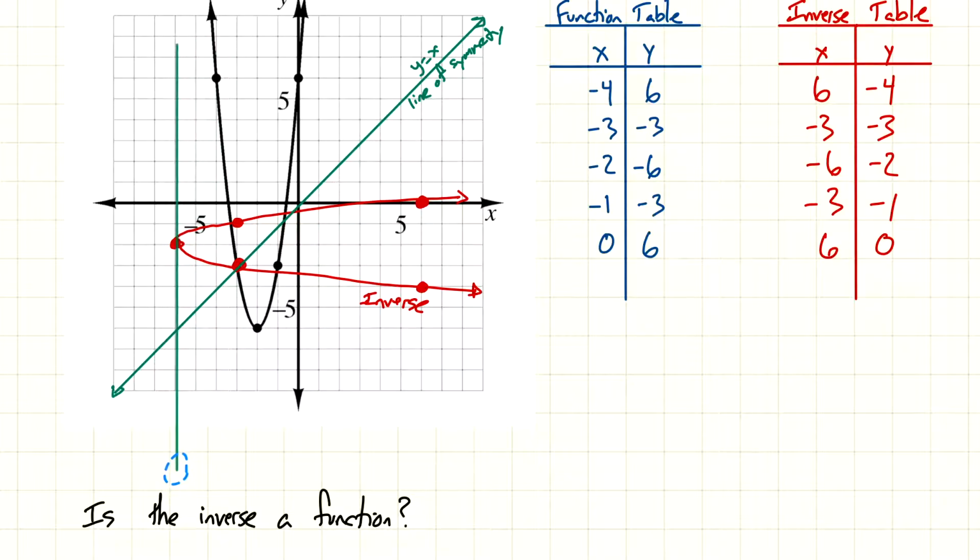The only place it wouldn't would be right at the edge, right? But for the most part, this vertical line test tells us this is not a function. Our table also tells us this is not a function. Which is okay. It doesn't have to be. So is this a function? No.